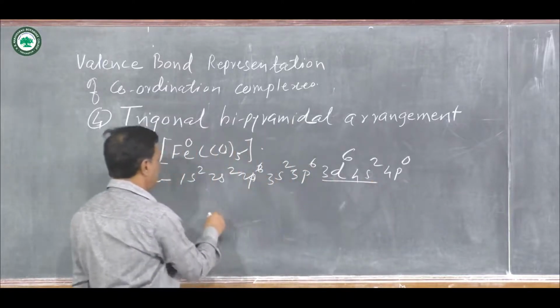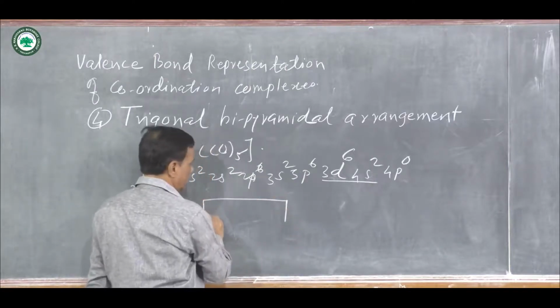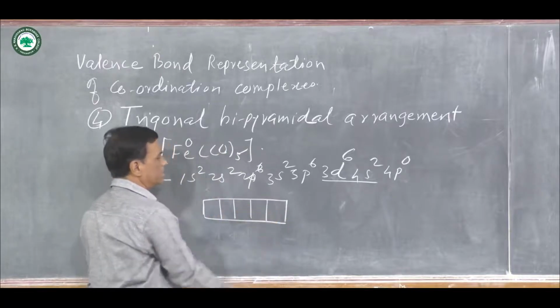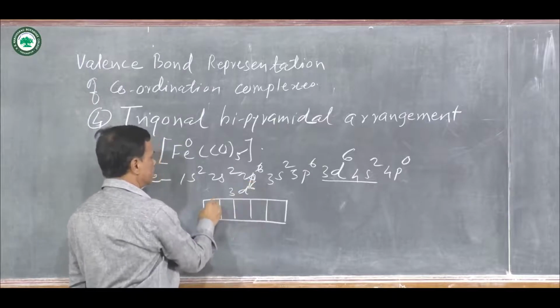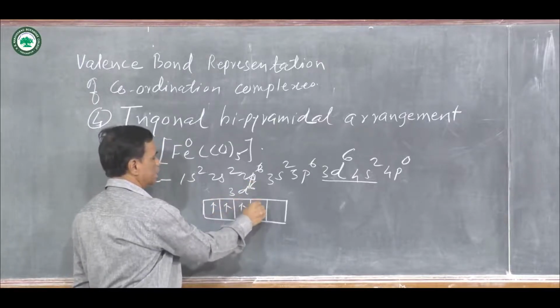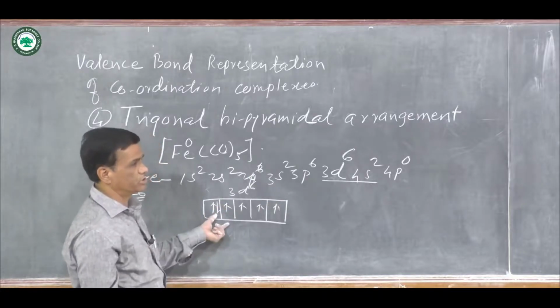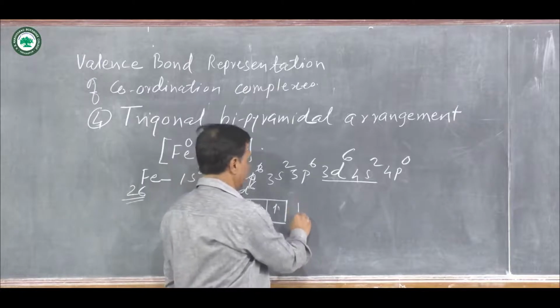Then these 3d orbitals are represented by a box diagram. Here are the 5 boxes for the 3d orbitals. They contain 3d6 electrons. Here single electrons, and pairing of one electron takes place according to Hund's rule of maximum multiplicity.